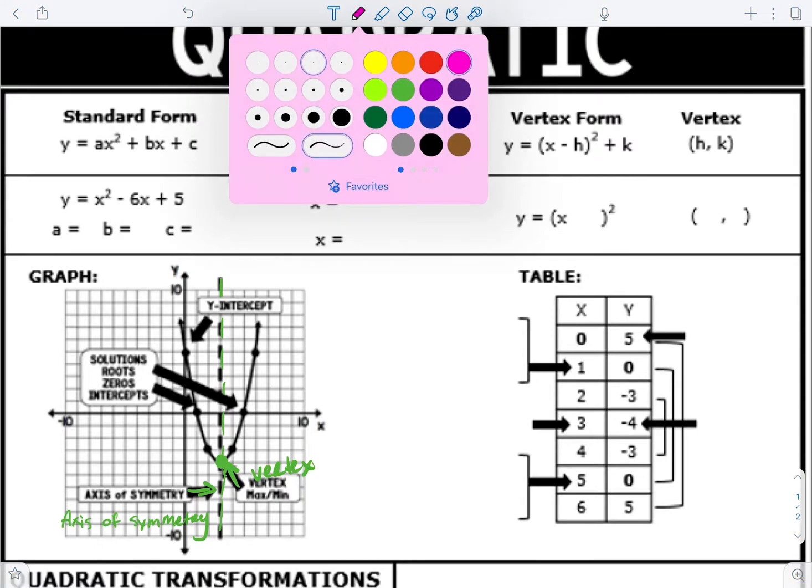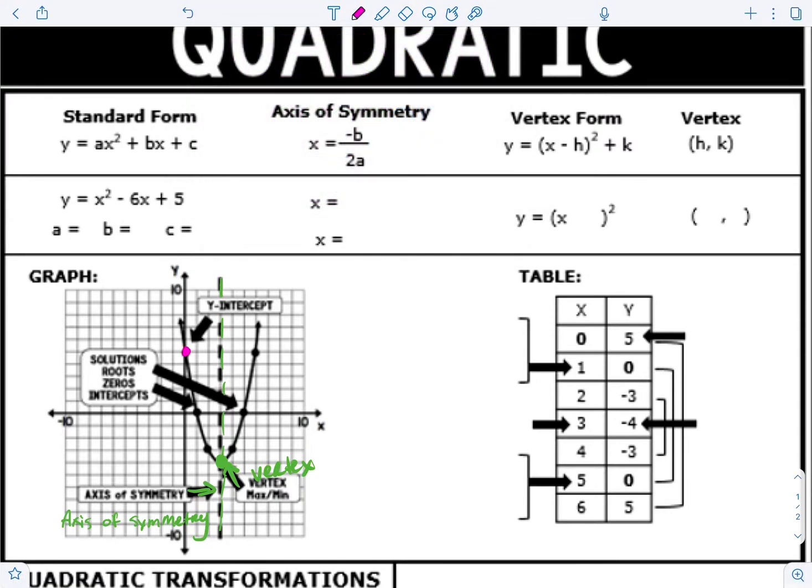When we see where the graph crosses the y-axis, that's our y-intercept, like we studied in linear and exponential functions. And then we see 2 points where the graph crosses the x-axis. These are the x-intercepts. But we have other names for the x-intercepts: roots, solutions, zeros. All of these names mean the x-intercepts.